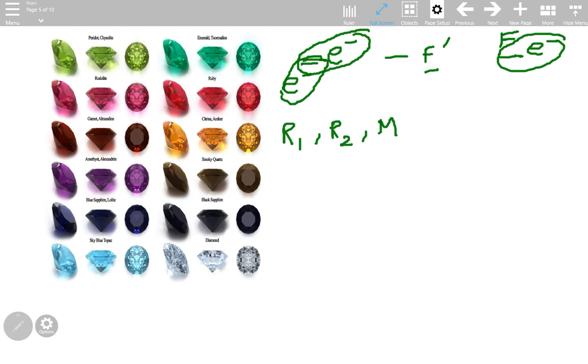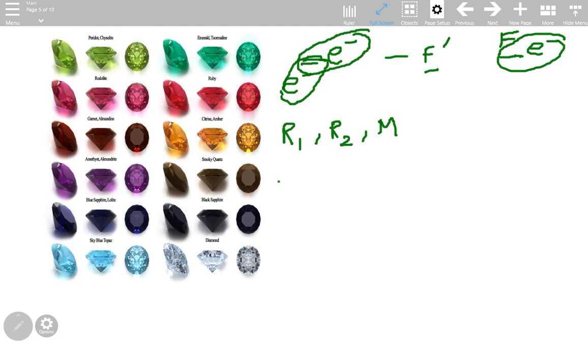So this is also one of the reasons behind the color centers. The reason for giving the beautiful colors is the color center.